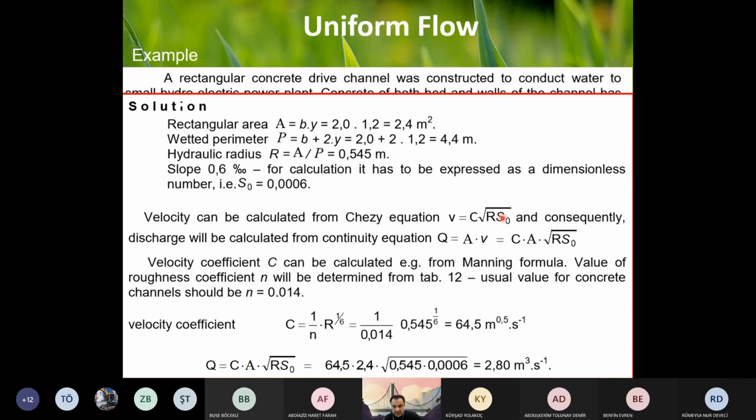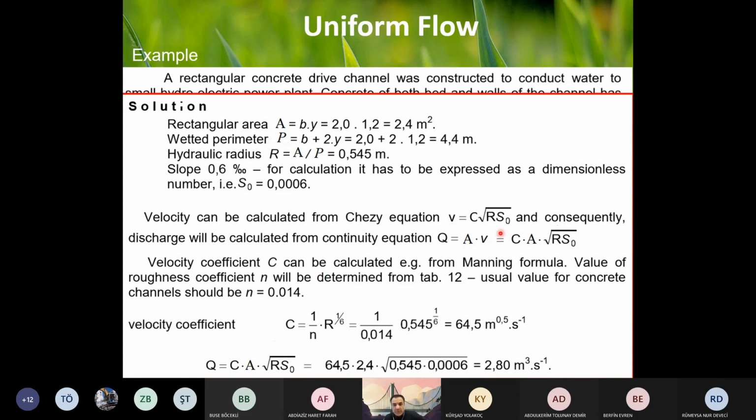So S0 is at hand, and now the turn is to calculate the Chezy coefficient. And after calculating the Chezy coefficient, I can calculate velocity. If I have velocity, I already have area. I can calculate Q by area times average velocity. Never forget, when I say velocity, it is always average velocity.